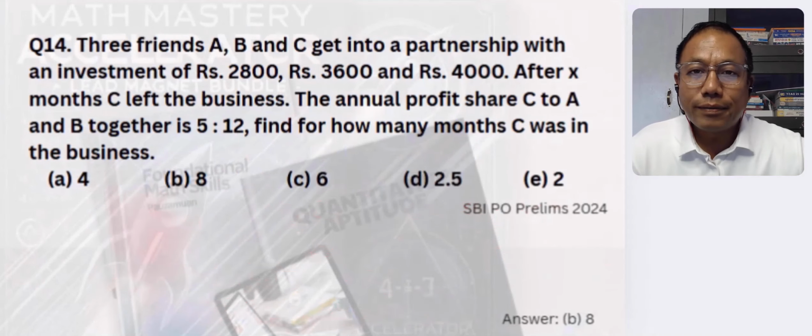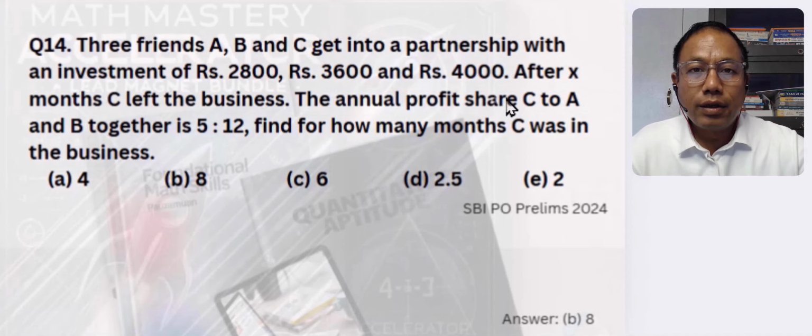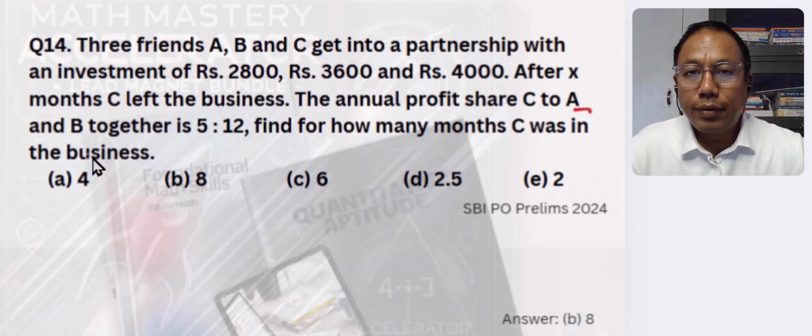Question number 14. 3 friends A, B, and C get into a partnership with an investment of 2,800, 3,600, and 4,000. After X months, C left the business. The annual profit share of C to A and B together is 5:12. Find how many months she was in the business.